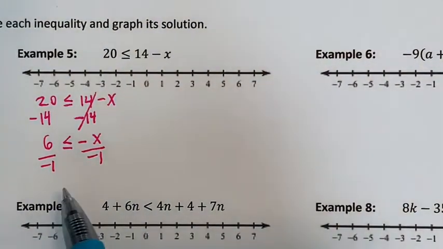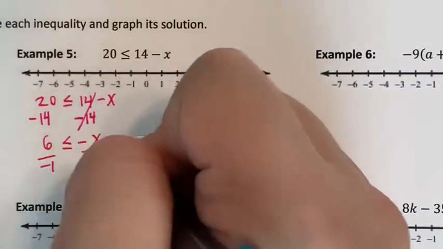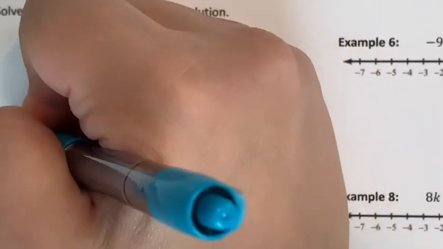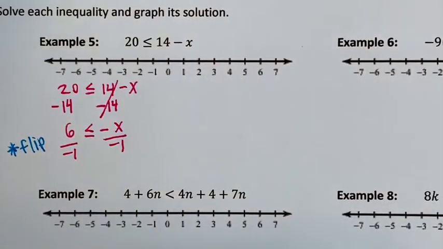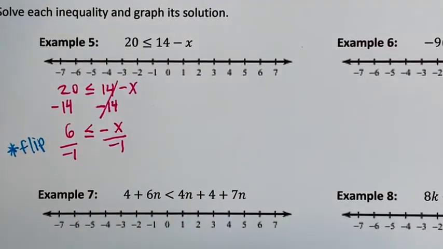What did I just do? I divided by a negative 1, right? So I'm going to make a note here. I'm going to put a star, and I'm going to write flip. I have to remember to flip this inequality sign because I just divided by a negative 1.